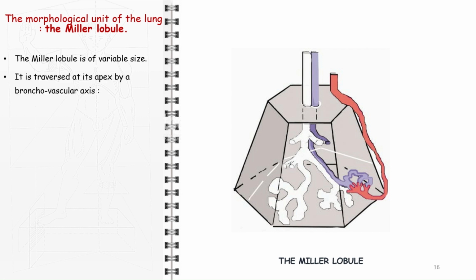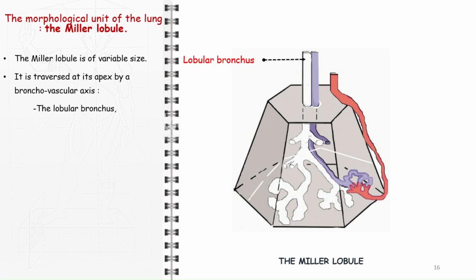It is traversed by a bronchovascular axis at its apex, which consists of the lobular bronchus, a 15th-order bronchus, branching into terminal bronchioles and then respiratory bronchioles. The lobular arteries, measuring 0.5 to 1 millimeter, follow the bronchial axis, unlike the pulmonary veins and lymphatics, which are distributed at the periphery of the lobule, within the perilobular tissue, from where they drain toward the pulmonary hilum.